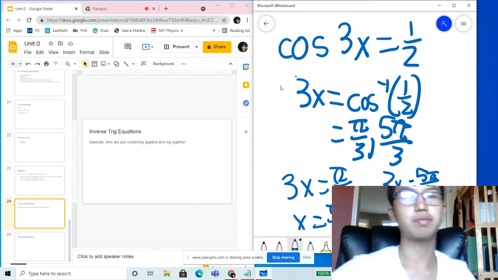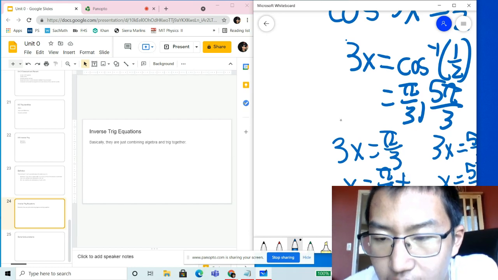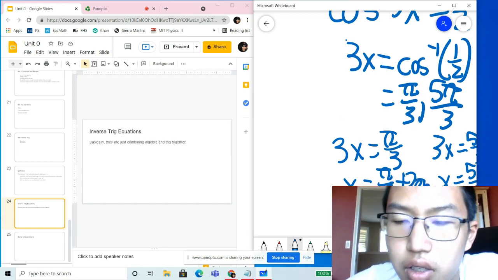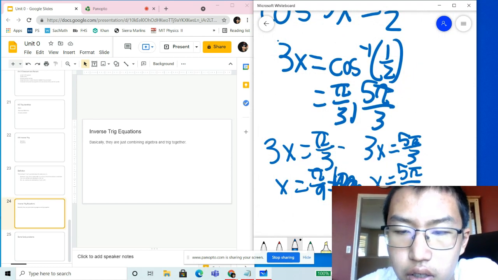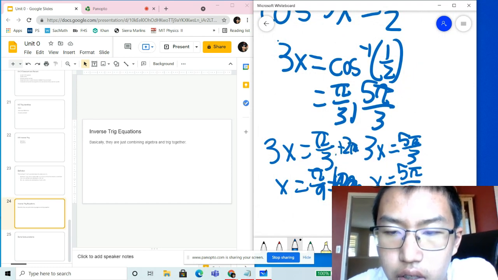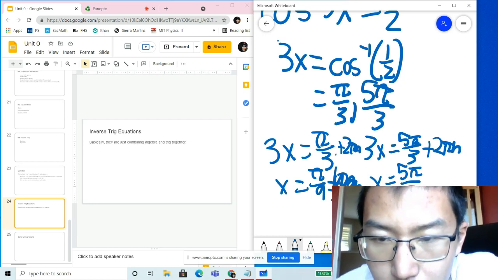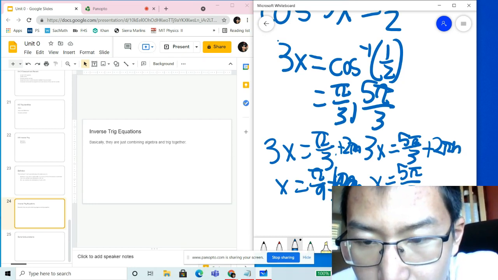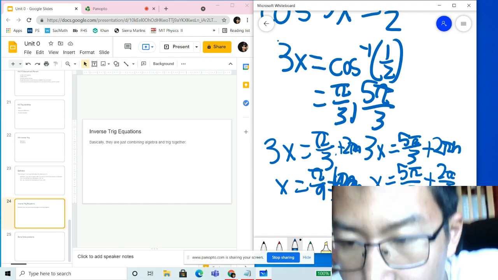But here's the thing. Remember how we can always add 2 pi n? Now we can also add 2 pi over 3 n on both sides.